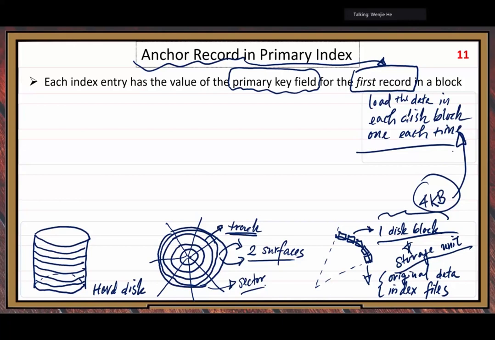You don't need to break this disk block, and you make the size of this disk block large enough to carry enough data. So for that consideration, this size is the most popular size. So you load into the main memory, one block each time, each visit, load one block into main memory.